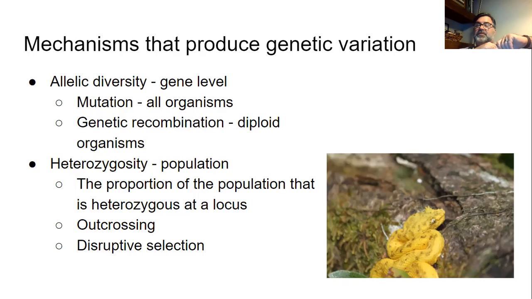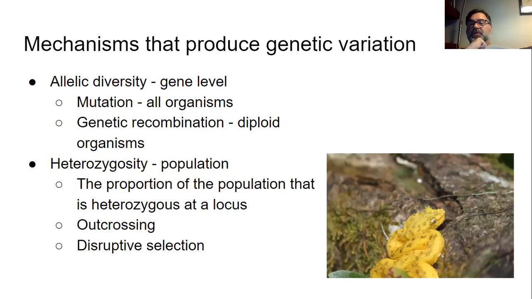So where do these different alleles come from? Well, the raw material of this diversity is mutation. And that includes all organisms. It doesn't matter if you're bacteria or a bird, mutation is the raw source of genetic information.